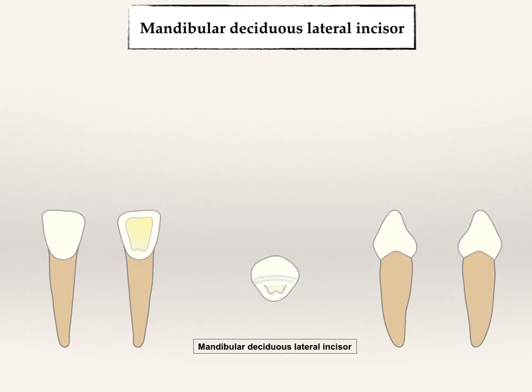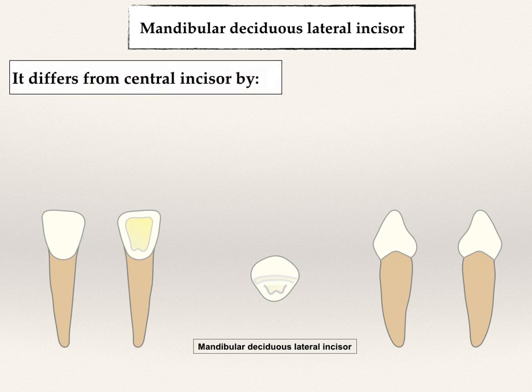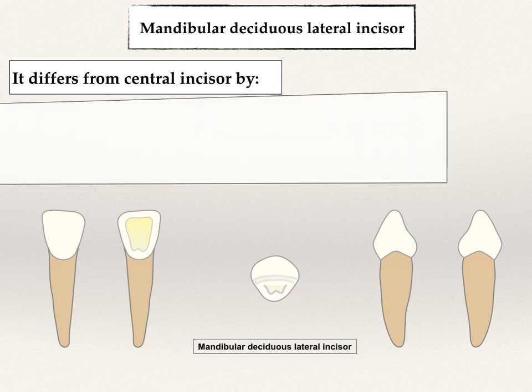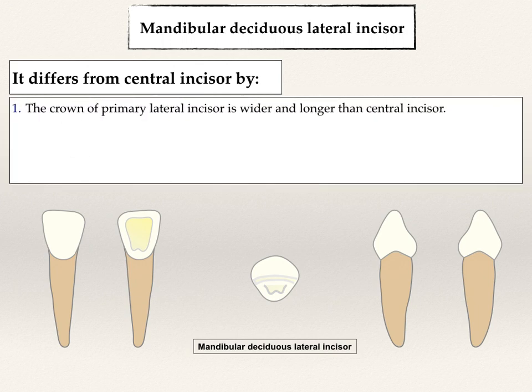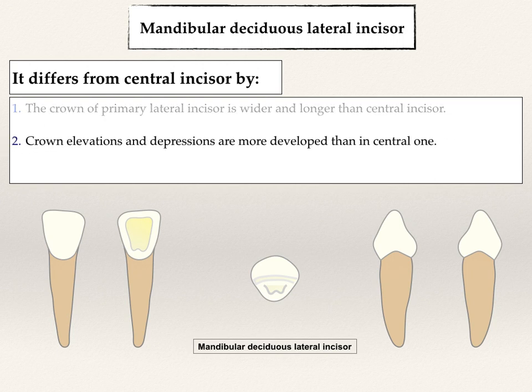Mandibular deciduous lateral incisor. It differs from the central incisor in that the crown of the mandibular lateral incisor is wider and longer. The crown elevations and depressions are more developed than in the central one.